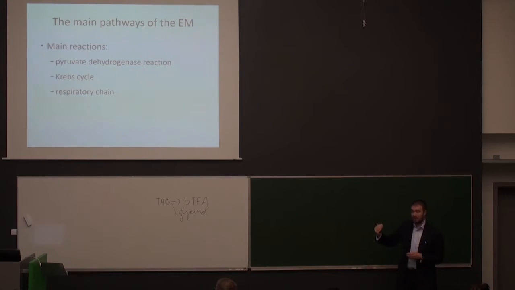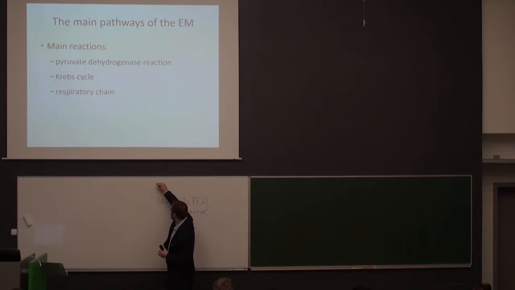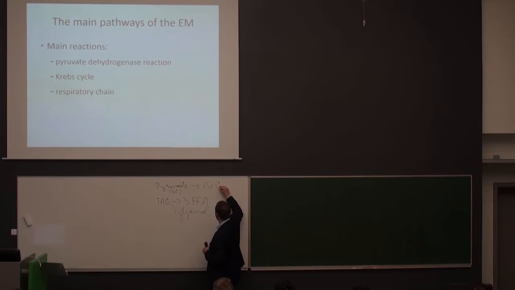And one step ahead of the Krebs cycle is the pyruvate dehydrogenase reaction, where you convert pyruvate, that's a 3 carbon acid compound, to acetyl coenzyme A, and this acetyl has 2 carbon atoms.